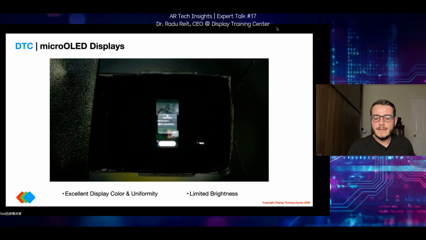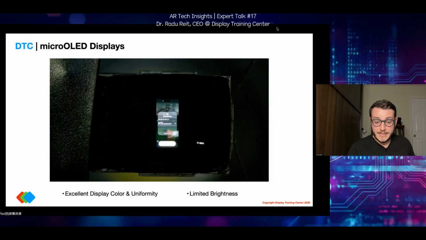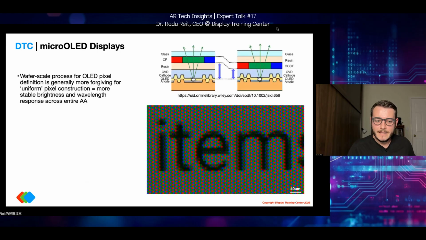Generally, the OLED structure is very limited, and we'll talk a little bit about that. But these are incredibly uniform displays and have phenomenal picture quality for any application that they make sense in.